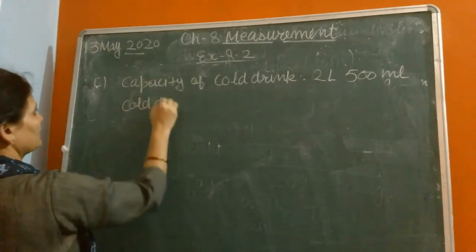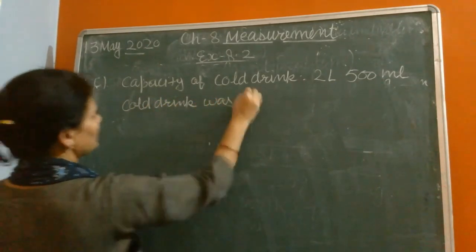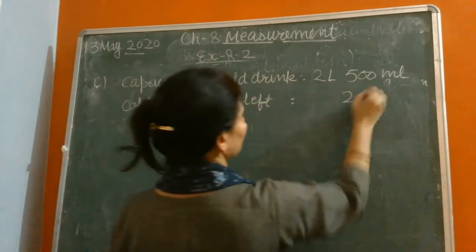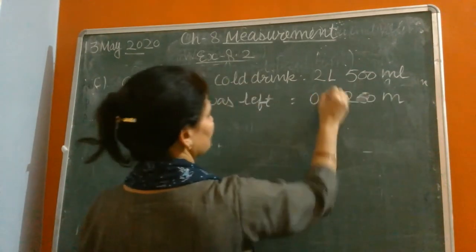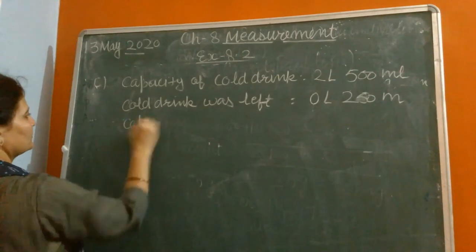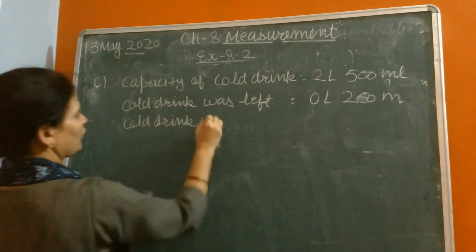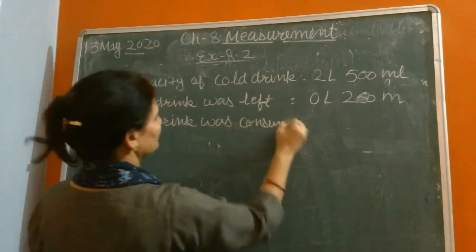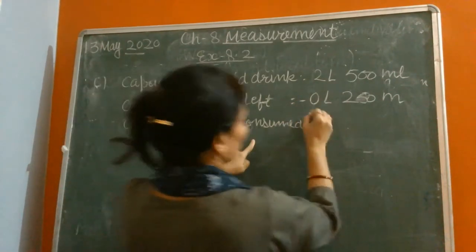Cold drink was left equal to 250 ml. We can write here 0 liter. And cold drink was consumed equal to capacity minus left.